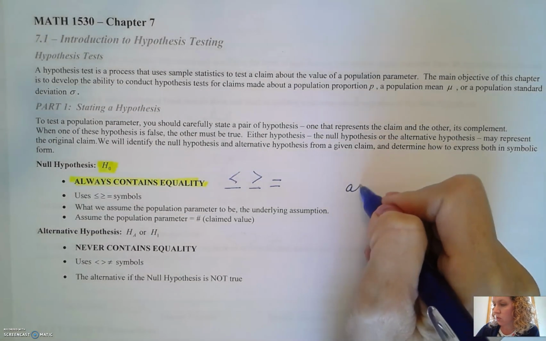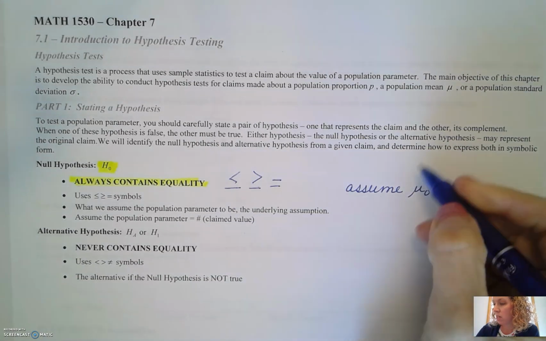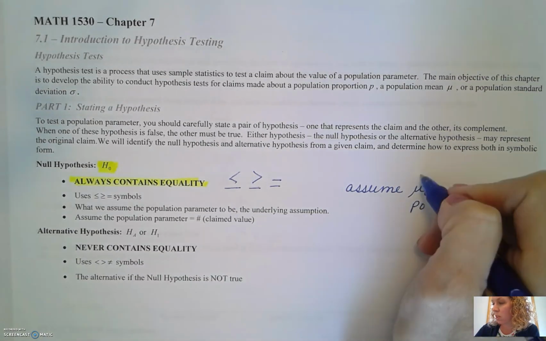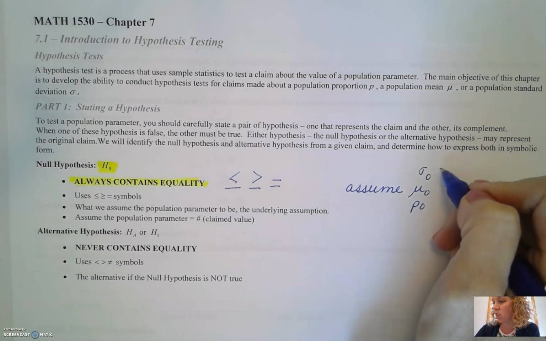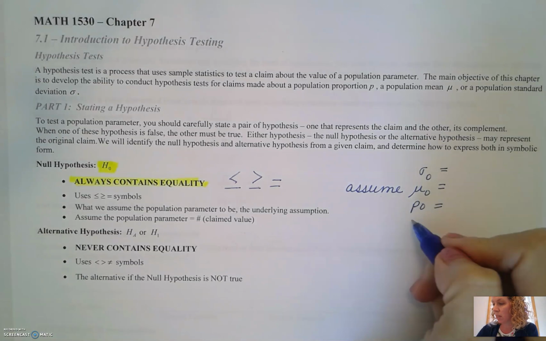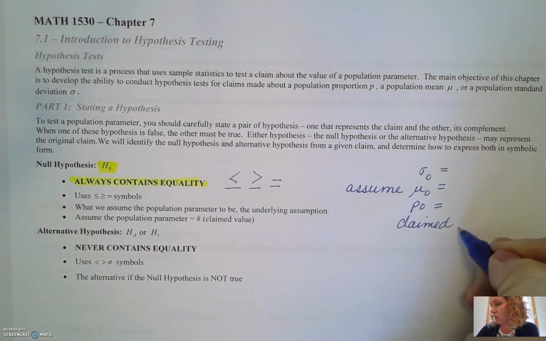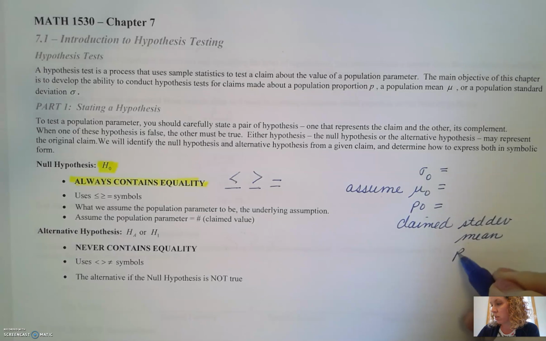So we're going to assume the claimed mean, the claimed proportion, or the claimed standard deviation is going to equal some value.